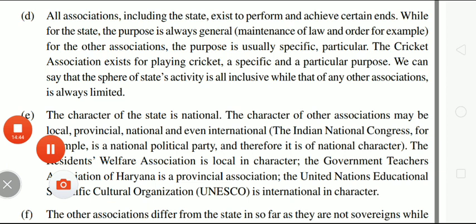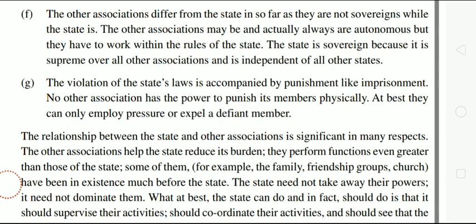F. The other associations differ from the state insofar as they are not sovereign while the state is. The other associations may be and actually always are autonomous, but they have to work within the rules of the state.